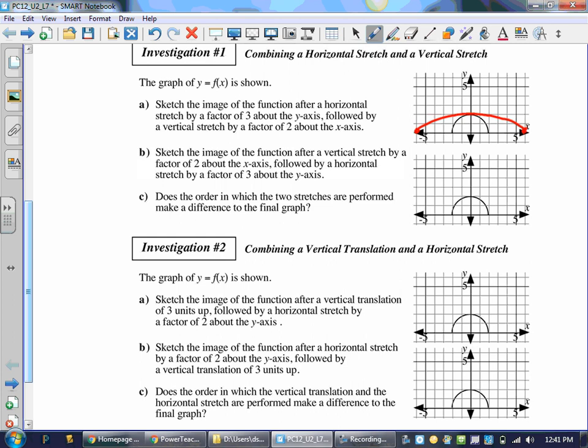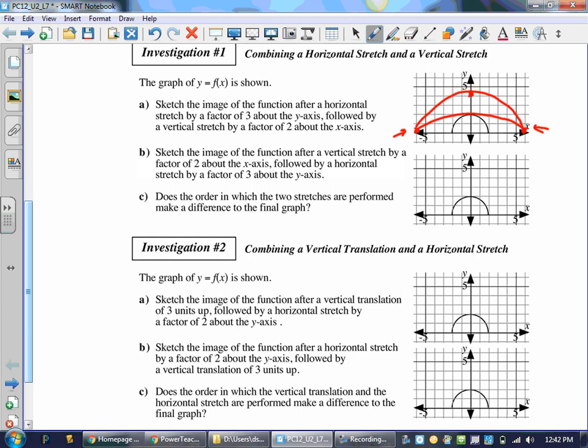Then we do a vertical stretch by a factor of 2, so all the y values will be multiplied by 2. This point at 2 becomes 4. The points on the x-axis have y values of 0, so nothing changes there, since 0 times 2 is 0. So this just looks like this now. Okay, so we have that highest arc.